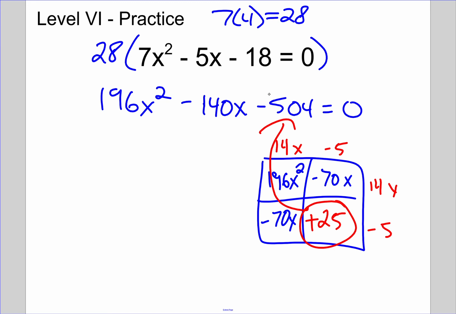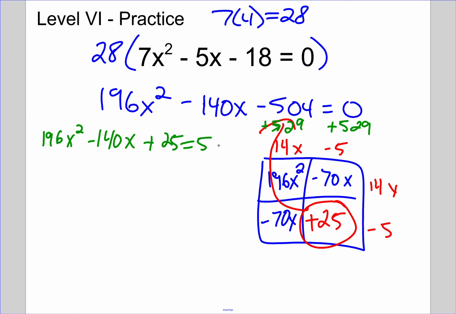So how about we add 529 to both sides? Which is going to give us the equation 196x squared minus 140x plus 25 equals 529. Oops, that's supposed to be 9.